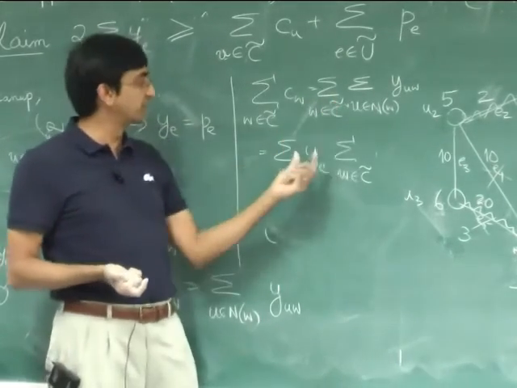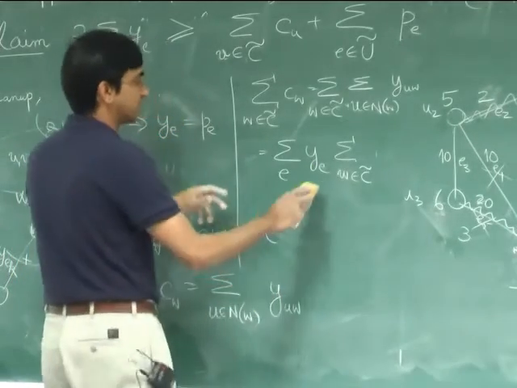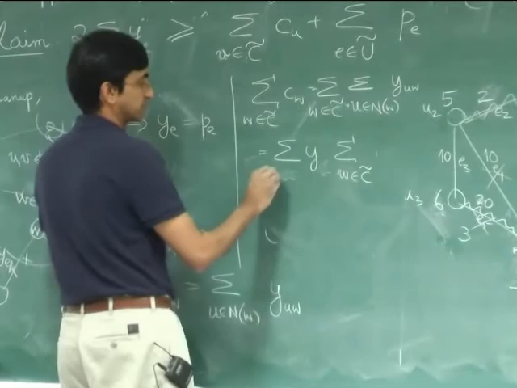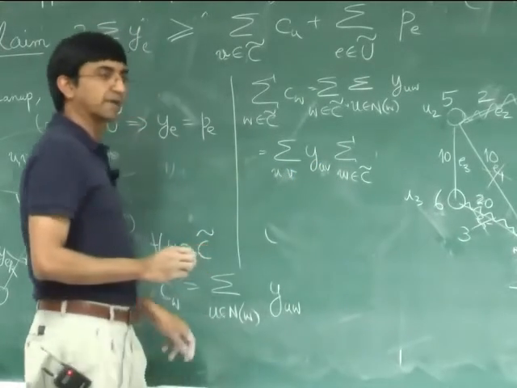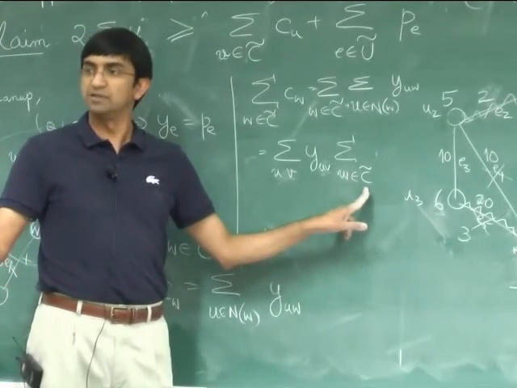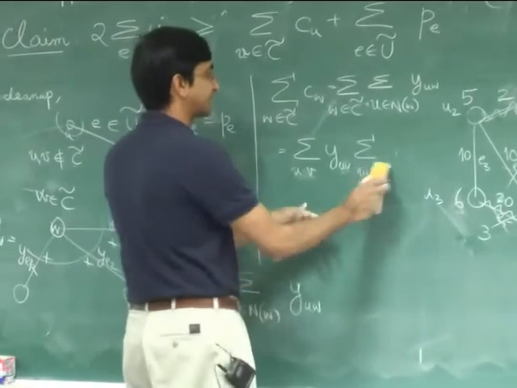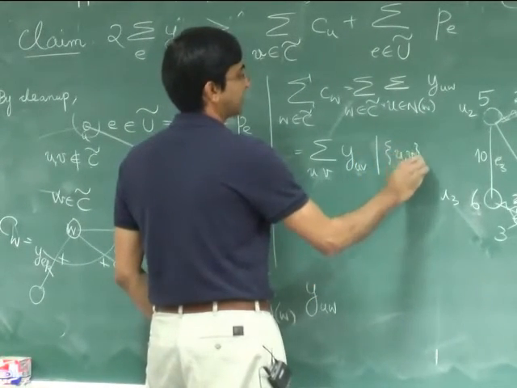So now I just pull the Y in the front, and let me call the edge UV. This is going to be either 0 or 1 or 2. In fact, this amount is going to be exactly the size of the intersection of UV and C tilde.